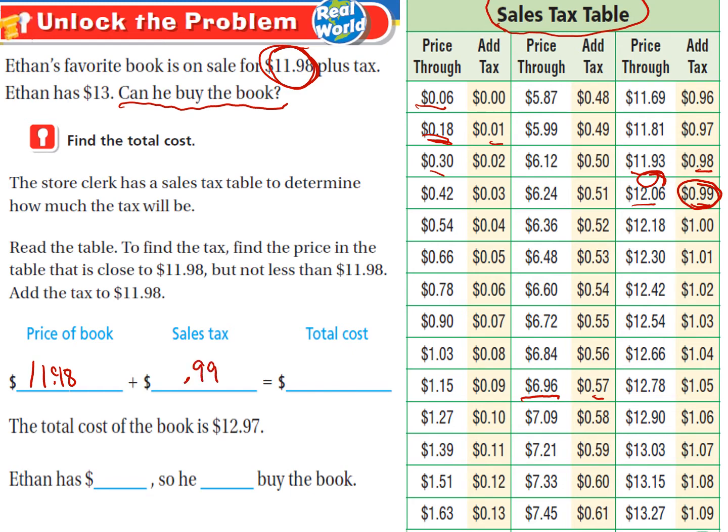If I add those up, well, this is like $1, so that would be $12.98 minus a cent would be $12.97. He has $13. So he can buy the book because the book only costs $12.97 after taxes. Okay?